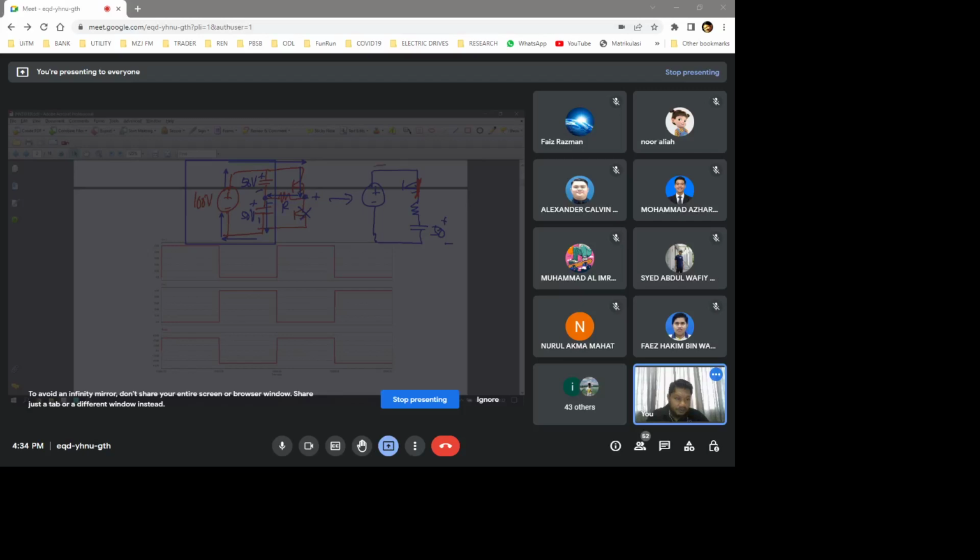So the current flows through there, across the resistor, across the capacitor, and comes back here. If you look from this point, you're going to see that 50 volt is there. So you have another 50 volt there.